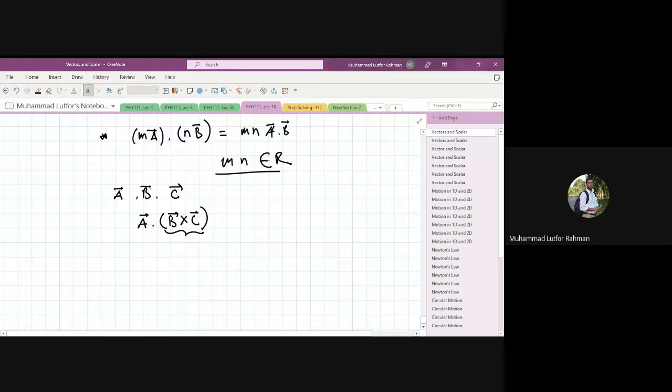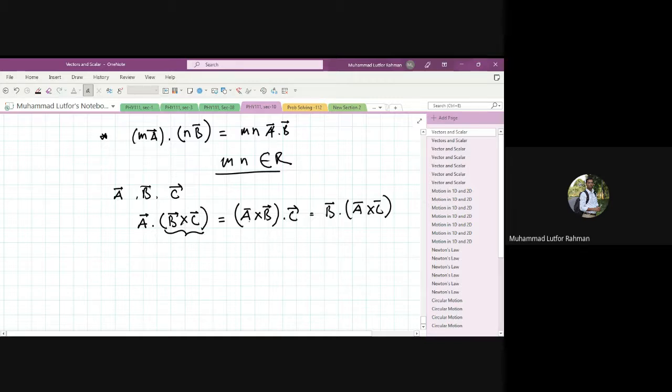With that vector, if I take the dot product with vector a, whatever I find will be a scalar quantity, because at the end it's the dot product. If I write it another way, a cross b dot c, or b dot a cross c, it will be the same, because at the end all are scalar quantities.